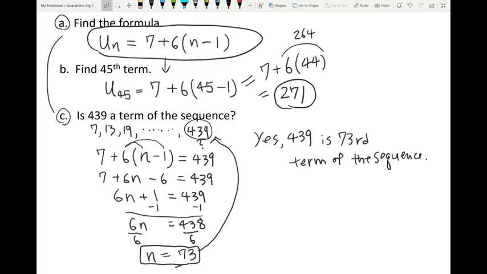Now, when do we say no to this type of question? Well, we have to say no to this type of question if we get n equals some kind of decimal number.